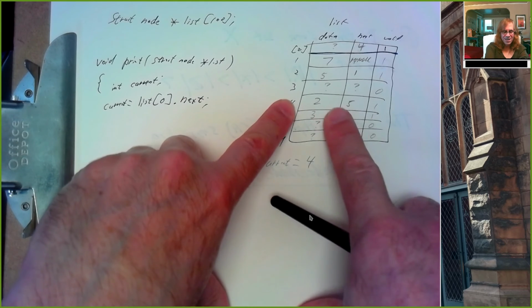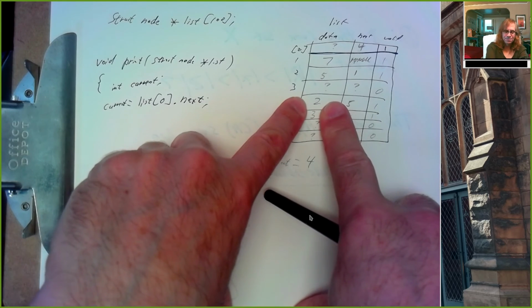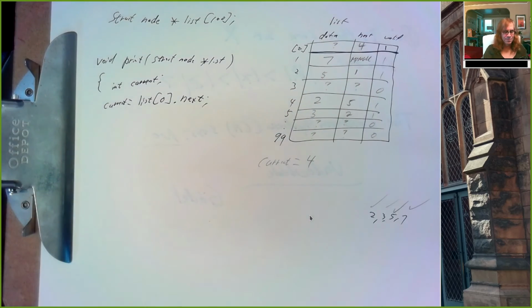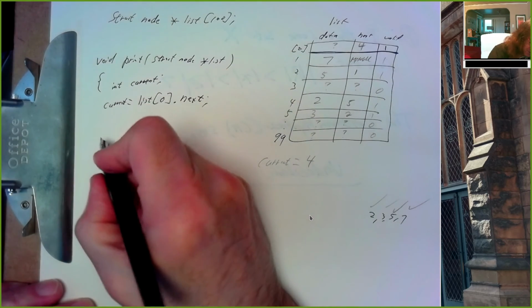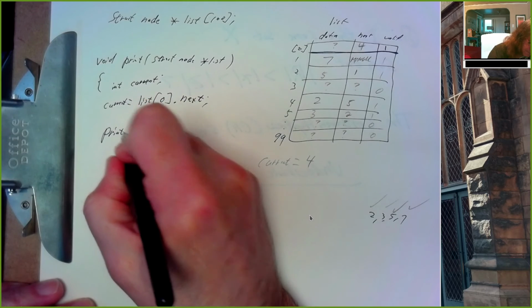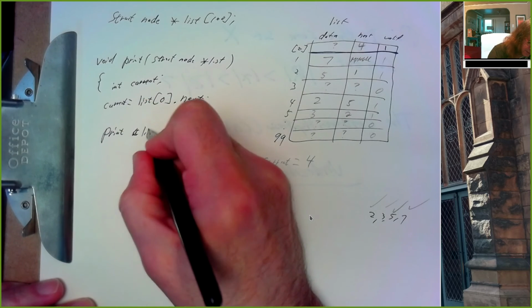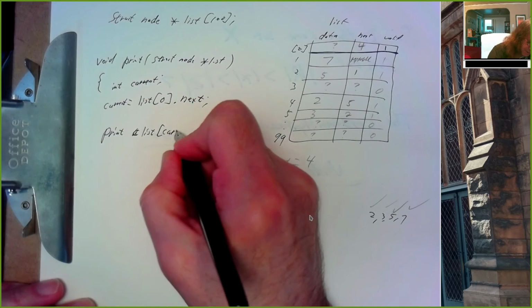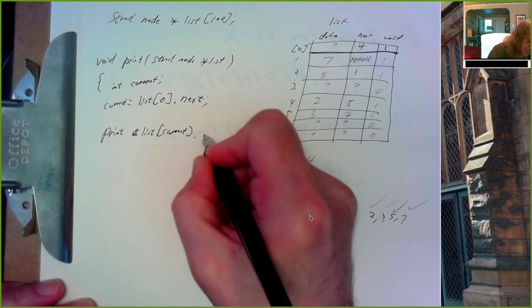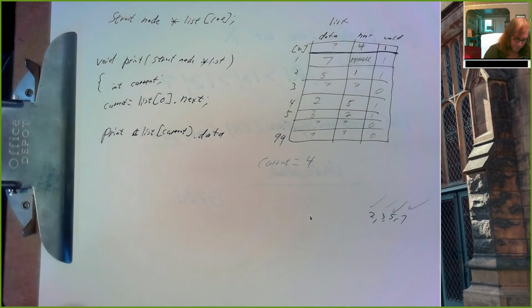So I'd like to print out that node's data value. So I want to print list bracket current dot data. Everybody okay with that?